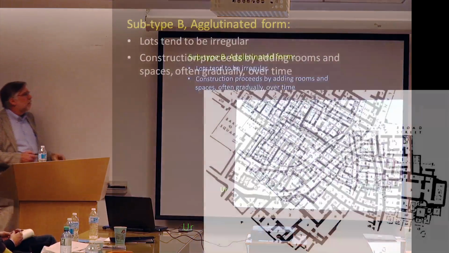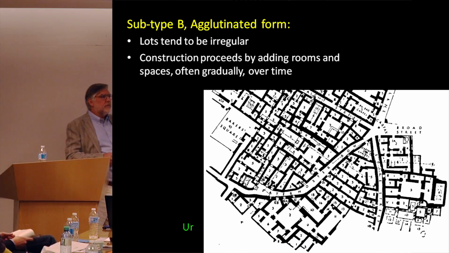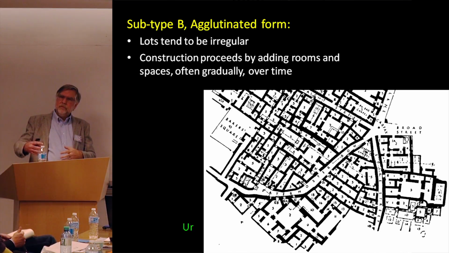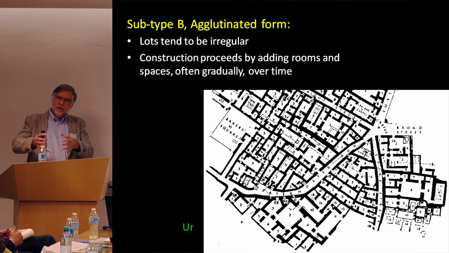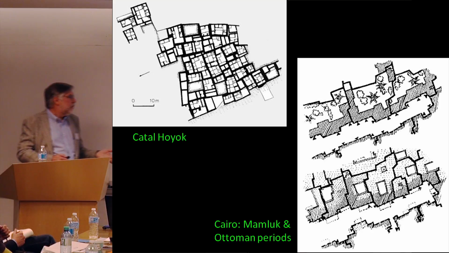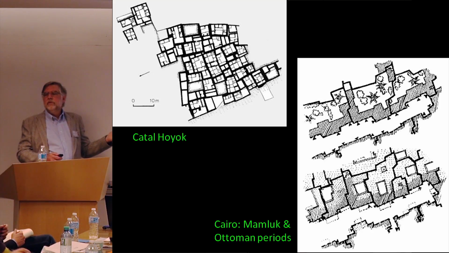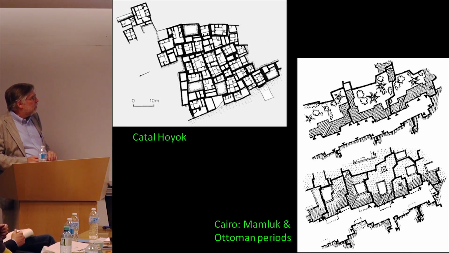But the second form, the agglutinated form, has irregular lots because you don't start off with a big lot which you subdivide. You start off with one room or one building and you just add and expand from there. This is quite common in various parts of the world, and I think that's what you seem to have in a lot of these Minoan cities.